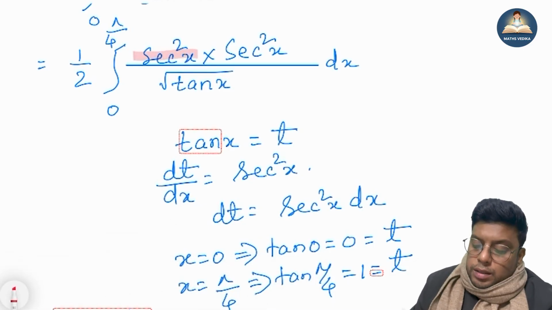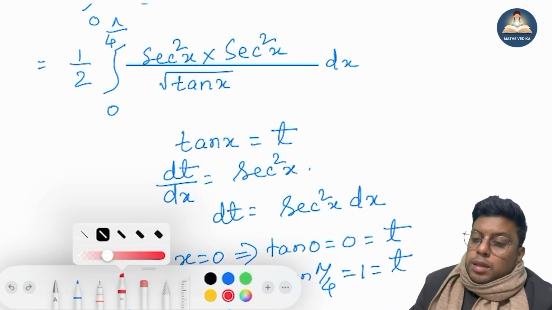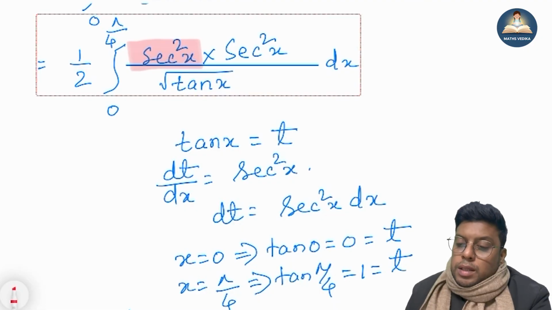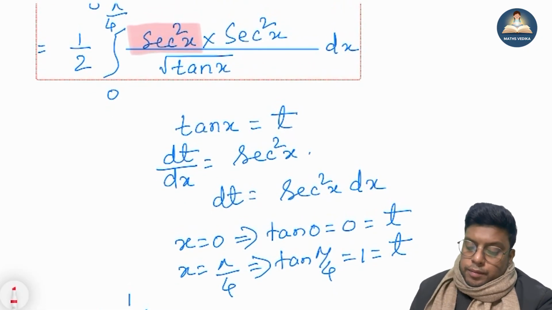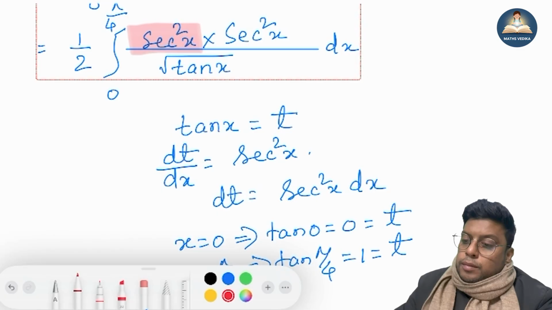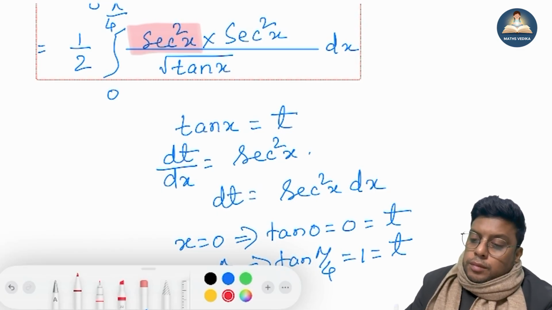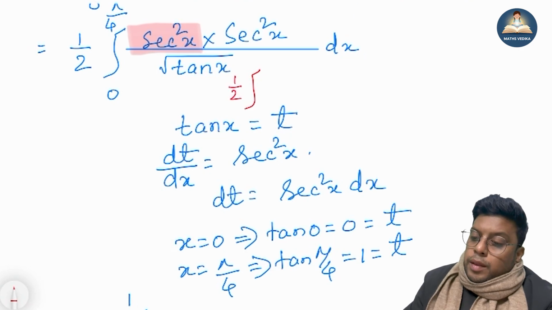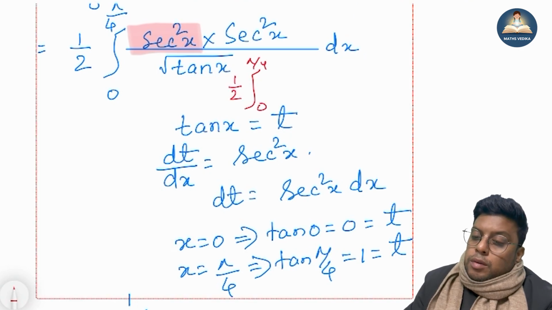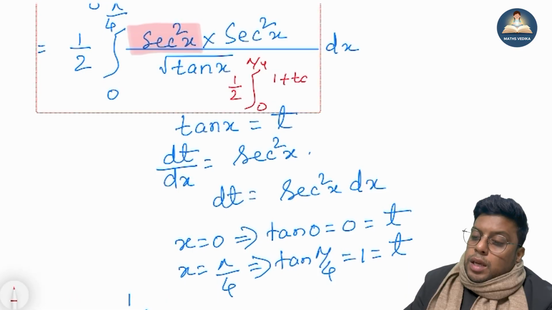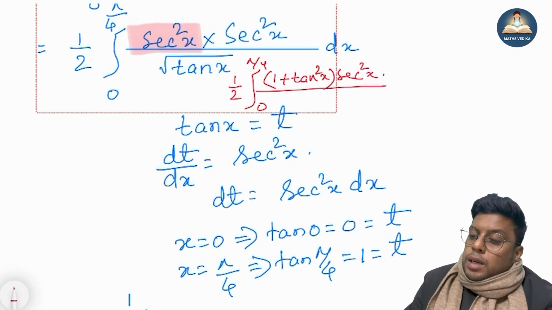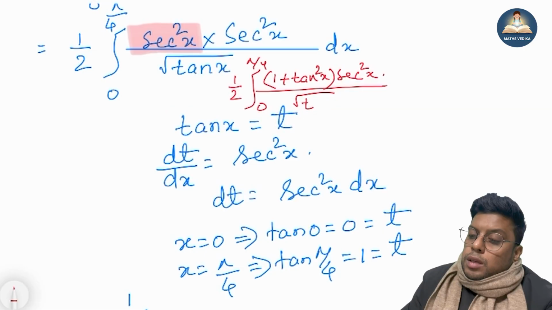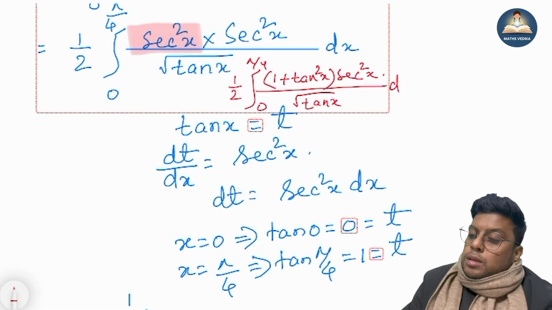Sec square x can be written as 1 plus tan square x, so this can be written as half from 0 to pi by 4, 1 plus tan square x, sec square x divided by root under tan x dx.